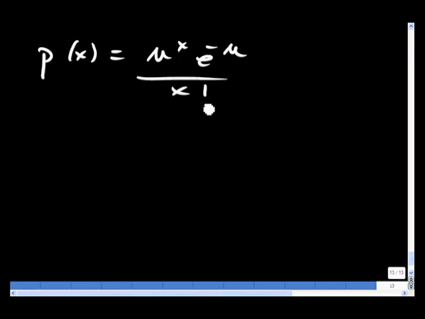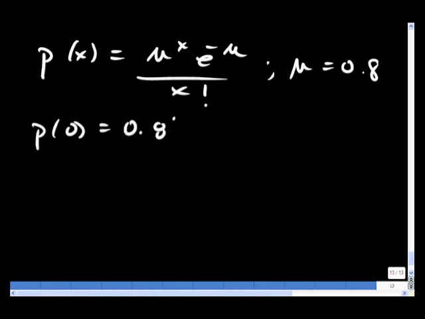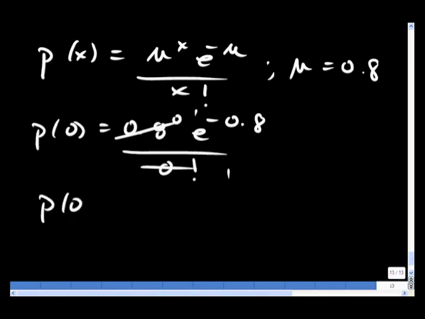Using the Poisson probability formula, with x being 0 and 1 and mu being 0.8, we can perform these calculations. P of 0, 0.8 to the 0, e to the minus 0.8 over 0 factorial. Any base to the 0 power is 1, and 0 factorial is 1, which means that p of 0 is really e to the minus 0.8.